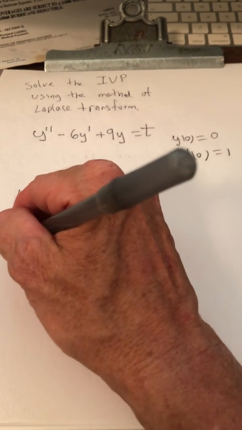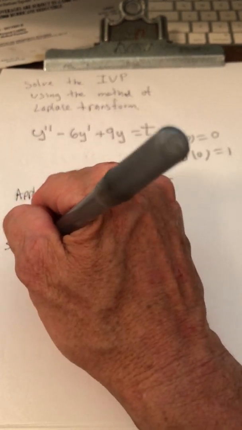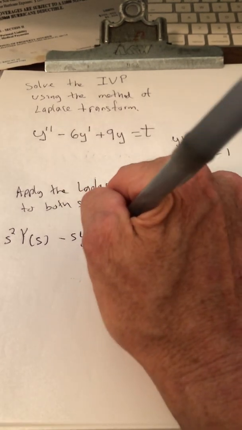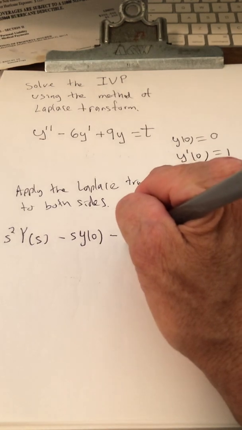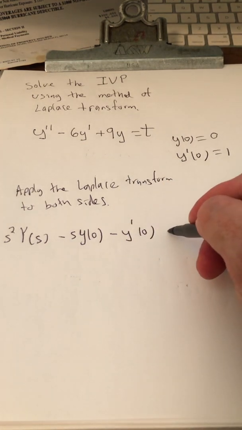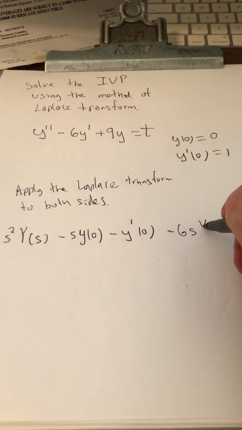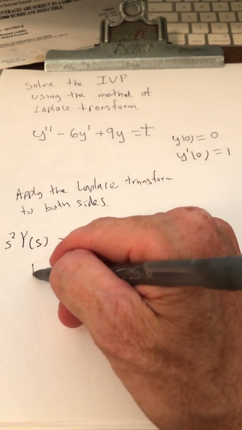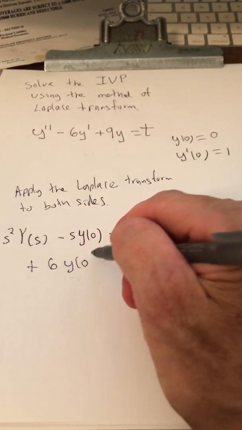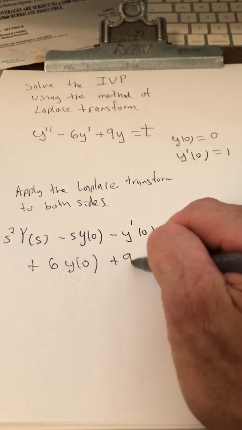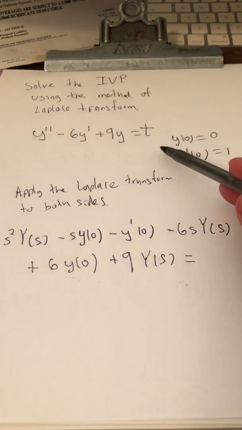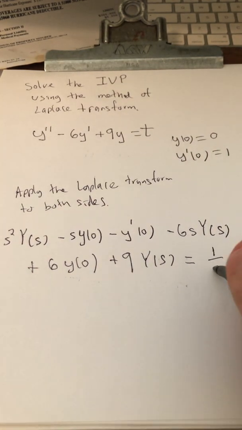So we're going to have s squared times big Y of s minus s times y of 0 minus y prime of 0 minus 6s times big Y of s plus 6 times y of 0 plus 9 times big Y of s equals the Laplace transform of t, which is 1 over s squared.